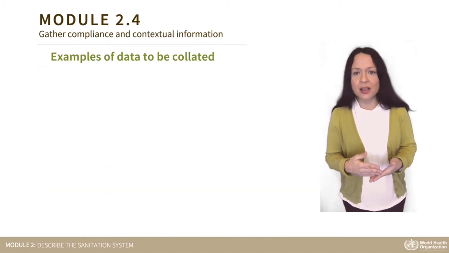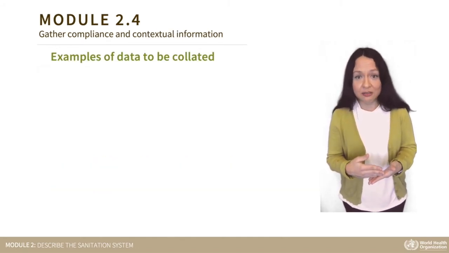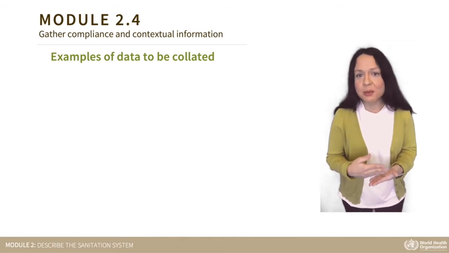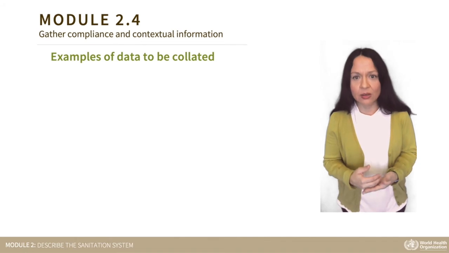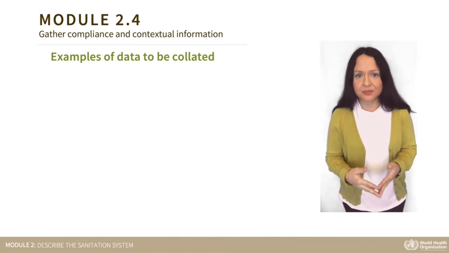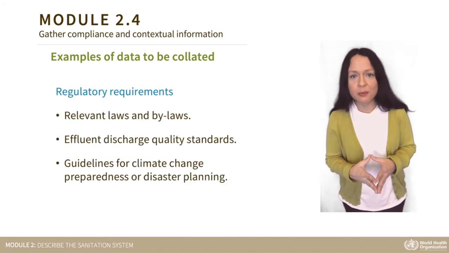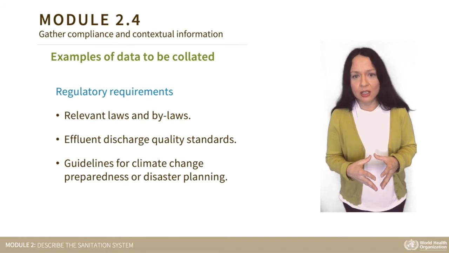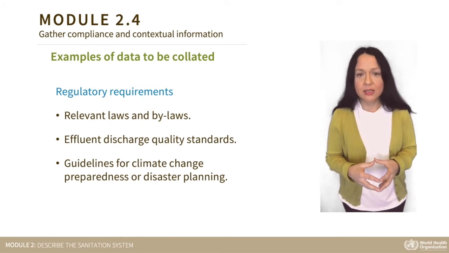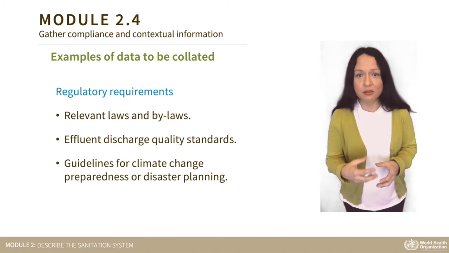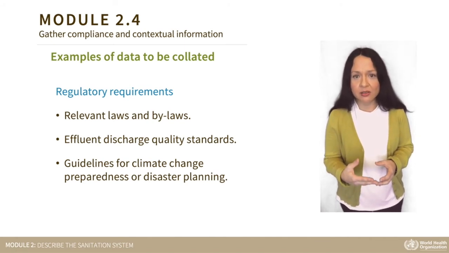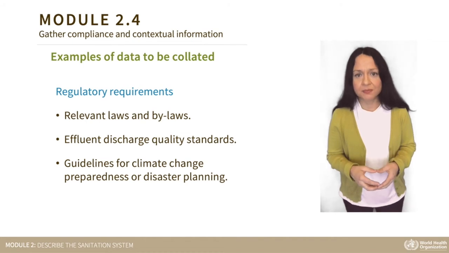When putting together compliance and contextual information, our SSP manual lists out examples of data to be collated. These are regulatory requirements such as relevant law and bylaws, effluent discharge regulations, guidelines for climate change preparedness or disaster planning.